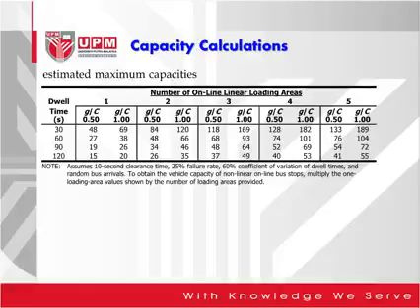When we compare GC 0.5 and 1, the capacity for GC 1 is higher than GC 0.5, 69 is higher than 48. When we compare 5 with 1 loading areas, for 5 loading areas we have 133 capacity, but for 1 loading area we only have 48.